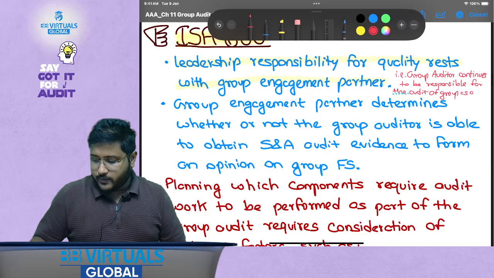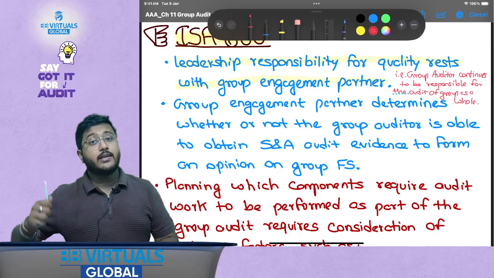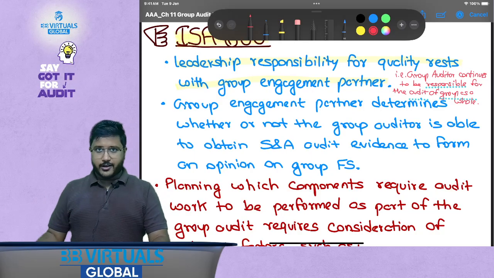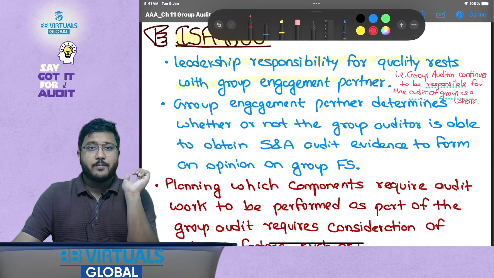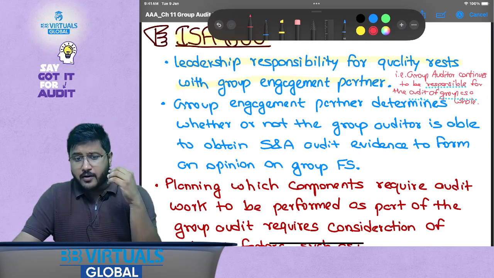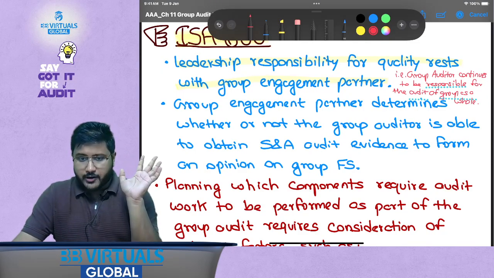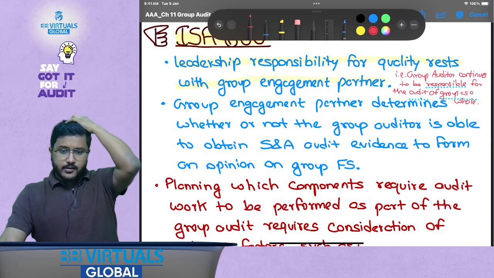That is, even if a material misstatement is identified in the component and the component auditor might not have verified or highlighted it, the group auditor might still be blamed, because the group auditor has the power to review the work of the component auditor as well. I hope this is clear.